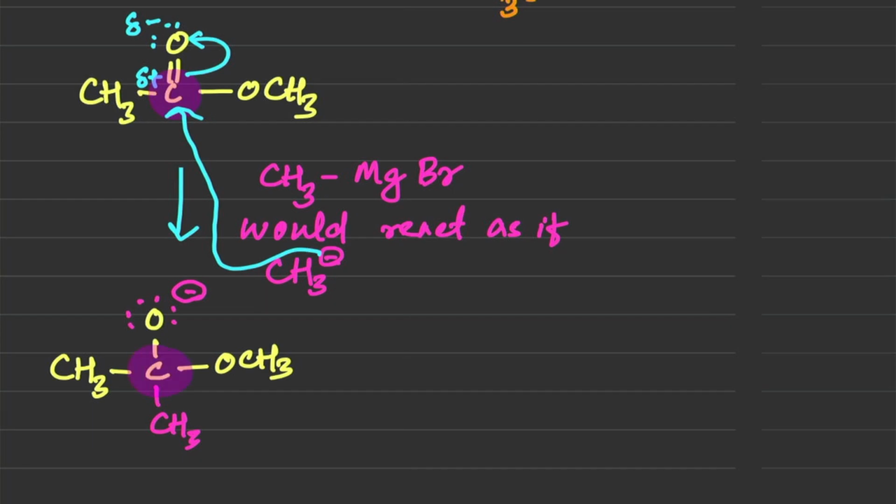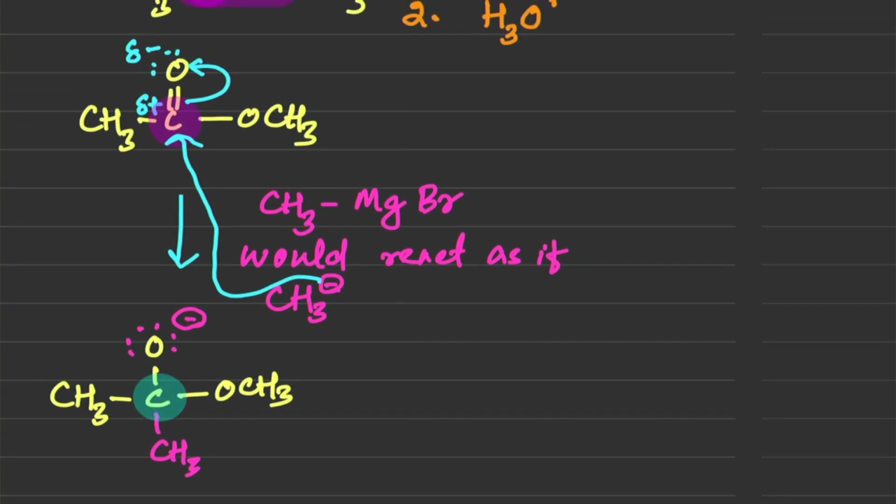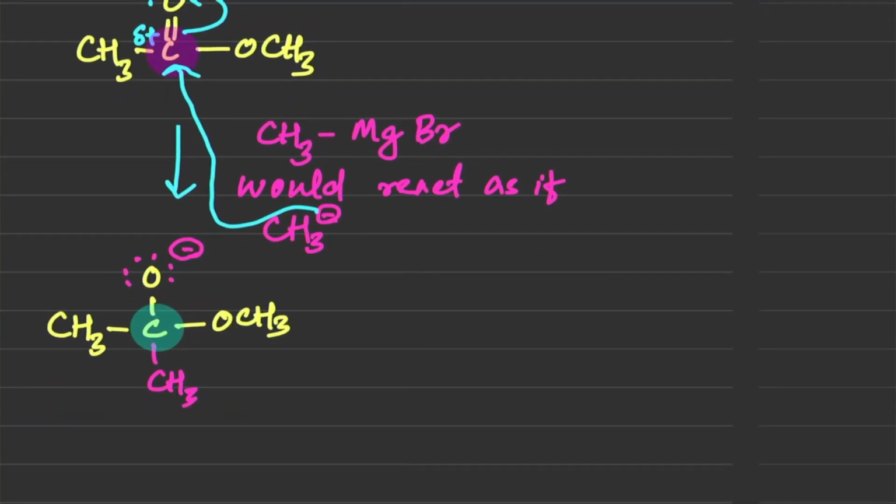The carbon atom here is sp3 hybridized, but before it was sp2 hybridized. When something is sp3 hybridized, that's our tetrahedral intermediate, right? So you will create a tetrahedral intermediate.